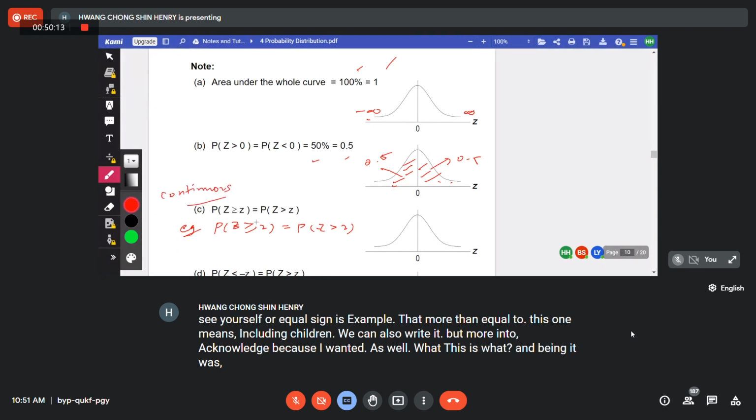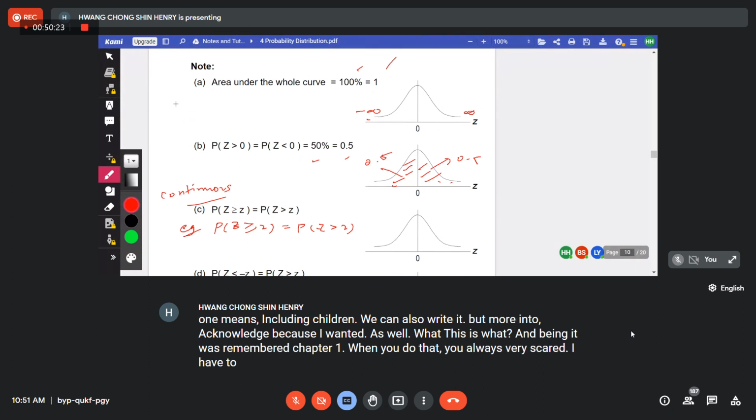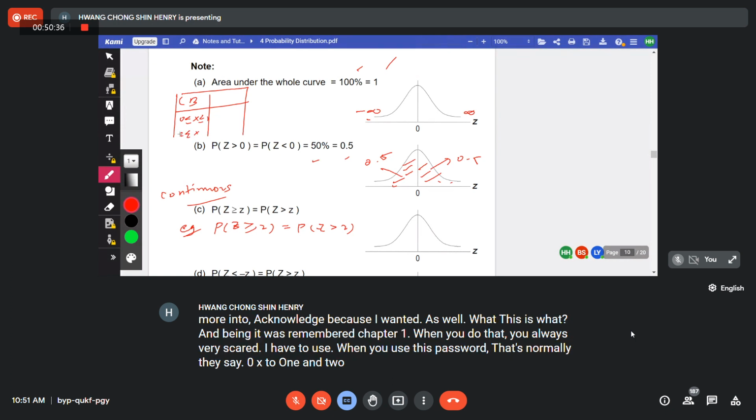Because this is continuous. Remember chapter 1 when we did the frequency distribution table? Remember in chapter 1 when we used the class boundary, let's say I have 0 to 1, then 1 here, and then this is 2.